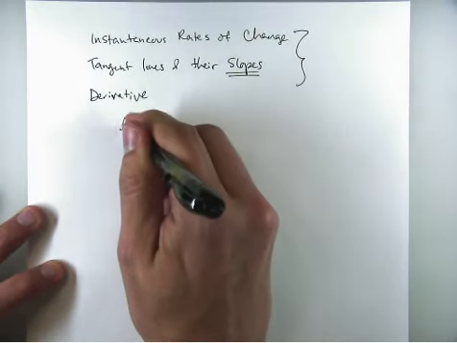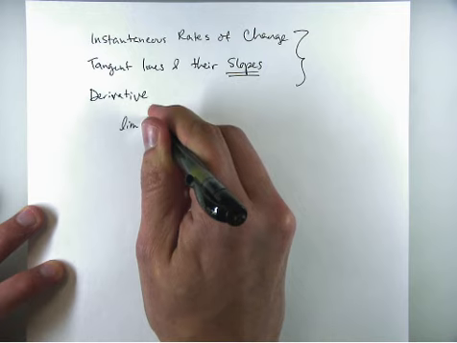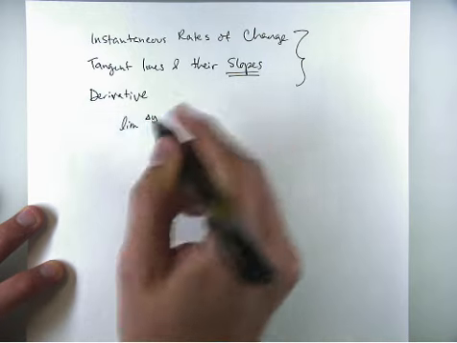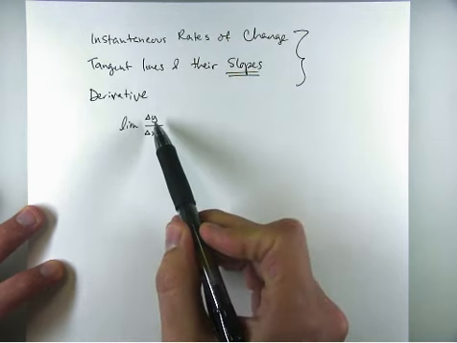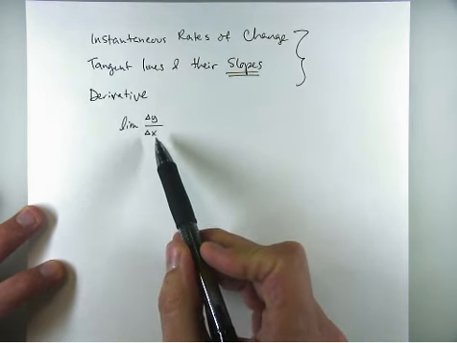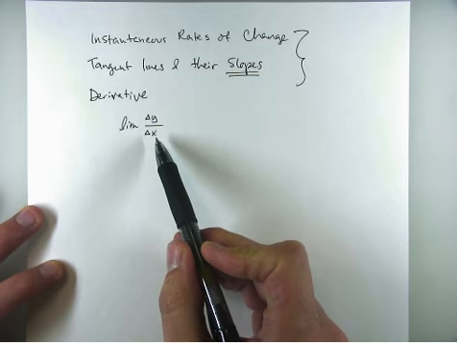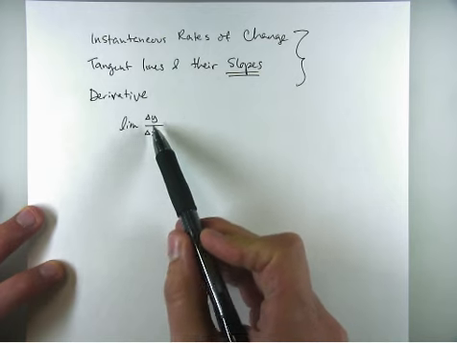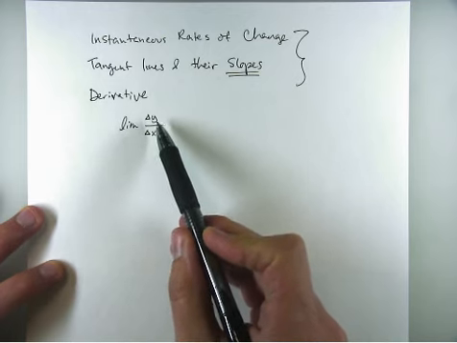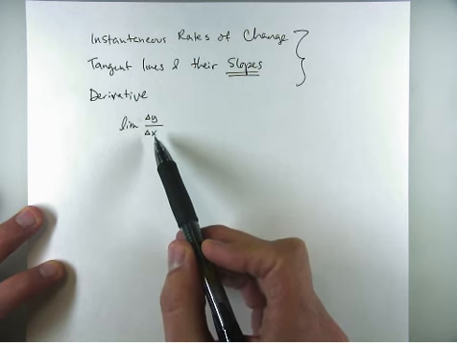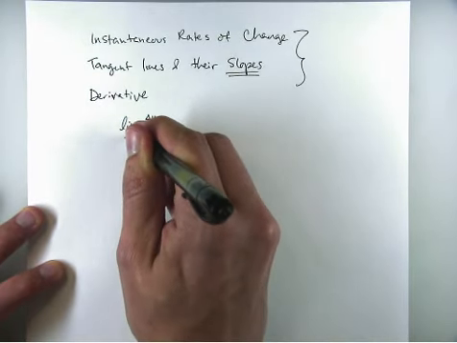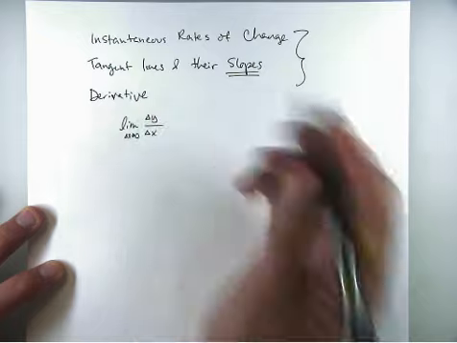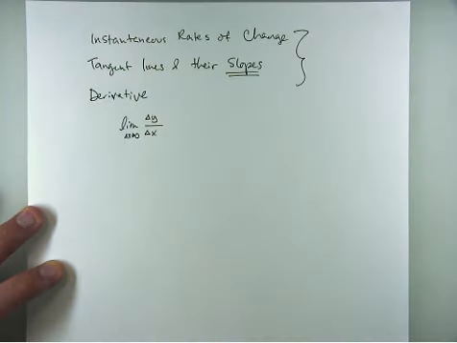They're all what happens if you take a limit of the change in the outputs of a function divided by the change in the inputs of the function, right? This is an average rate of change, right? How much did the outputs change divided by how much the inputs changed over the same interval, right? And I want to take a limit as that change in the inputs goes to nothing, right?